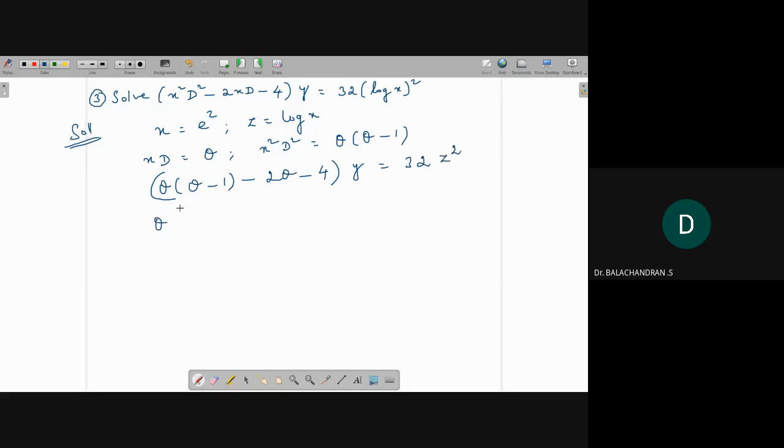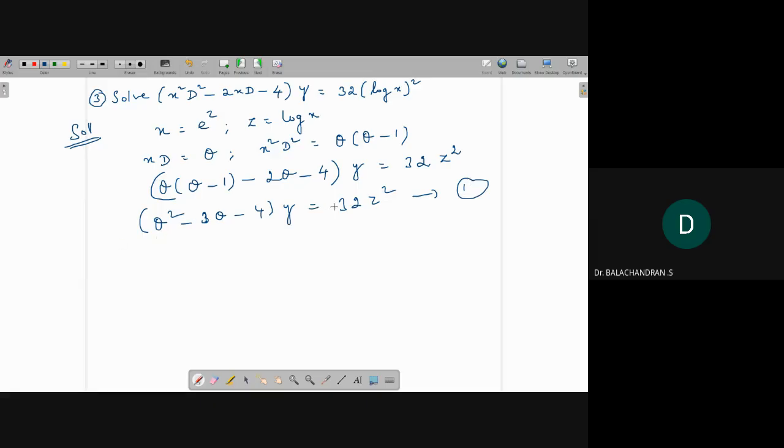So theta square minus 3 theta minus 4 into y equal to 32 z square. I'll call this equation number 1.